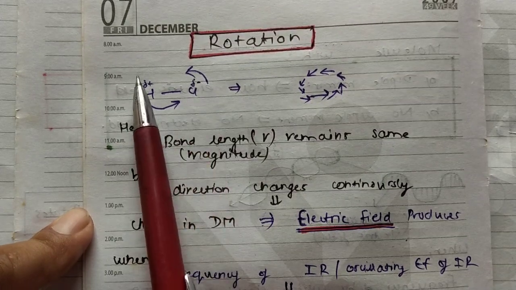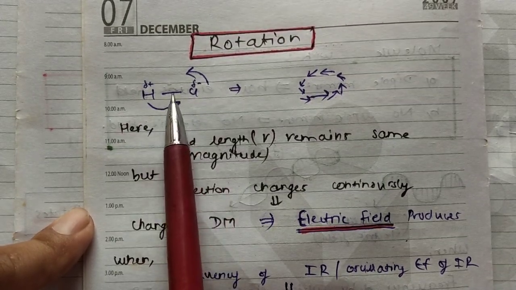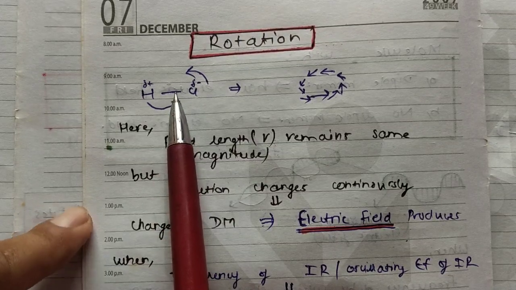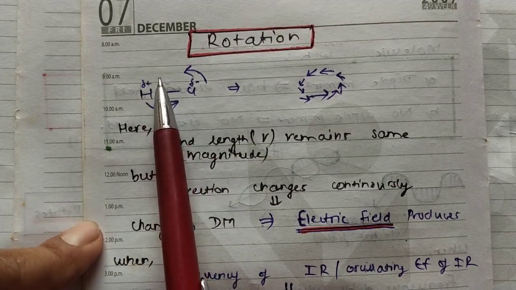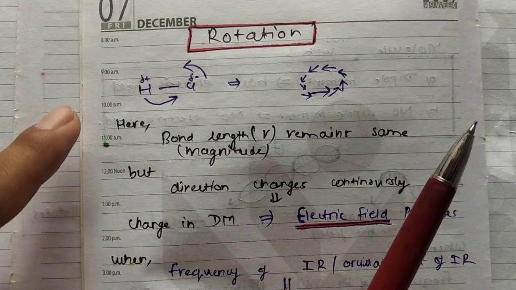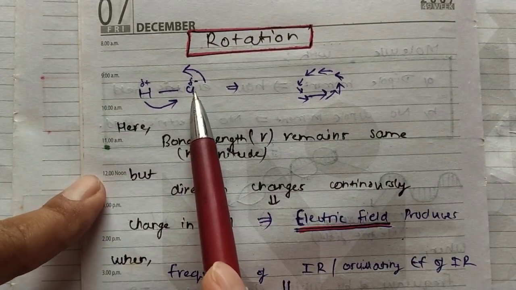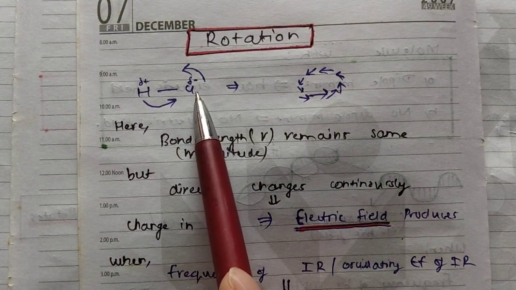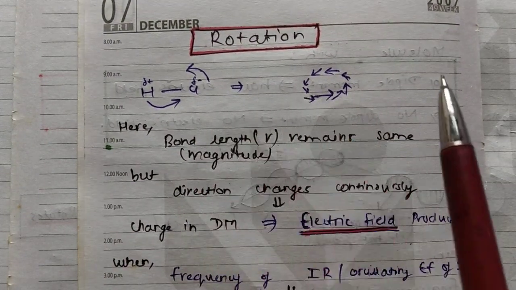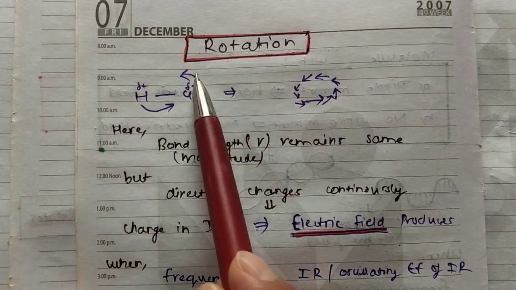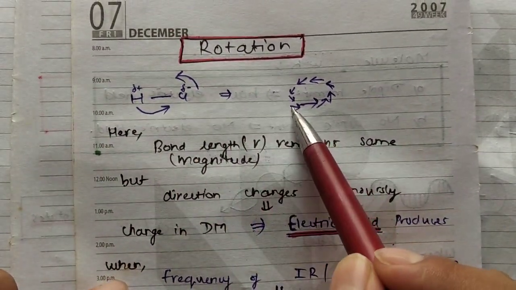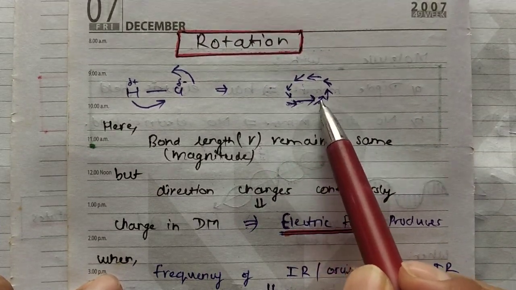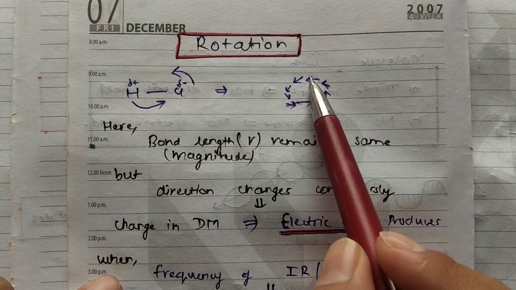During the rotation their bond length doesn't change, which means the value of r doesn't change. If r doesn't change, the dipole moment magnitude also doesn't change. But what happens here is that during the rotation the direction of the dipole moment keeps on changing.